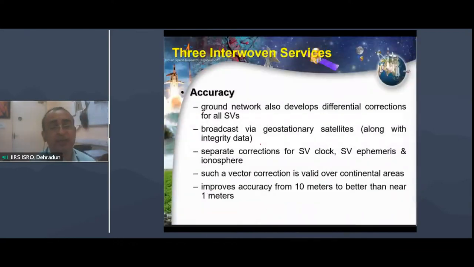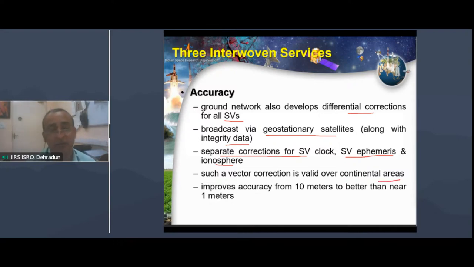Accuracy wise, you can see the ground network also develops differential corrections for all the satellites, broadcast via geostationary satellites along with integrity of the data, separate corrections for SV clock, SV ephemeris or ionosphere. Such vector corrections are valid over a continental area.